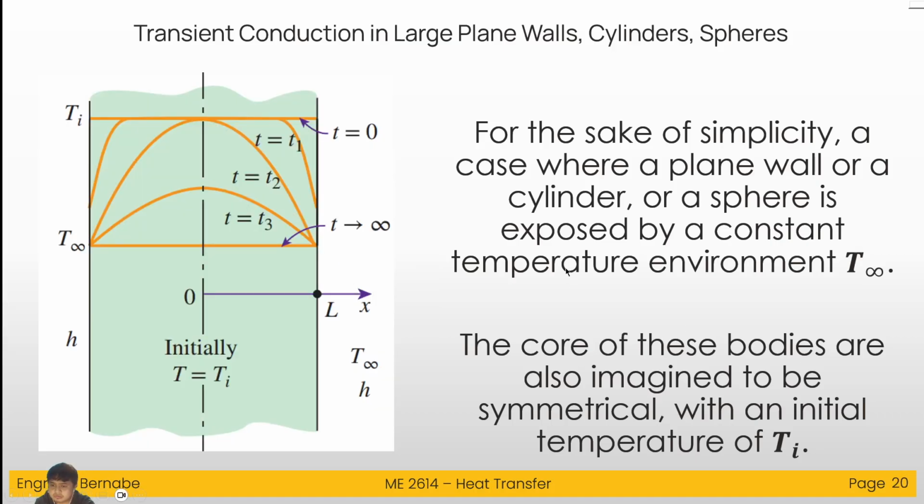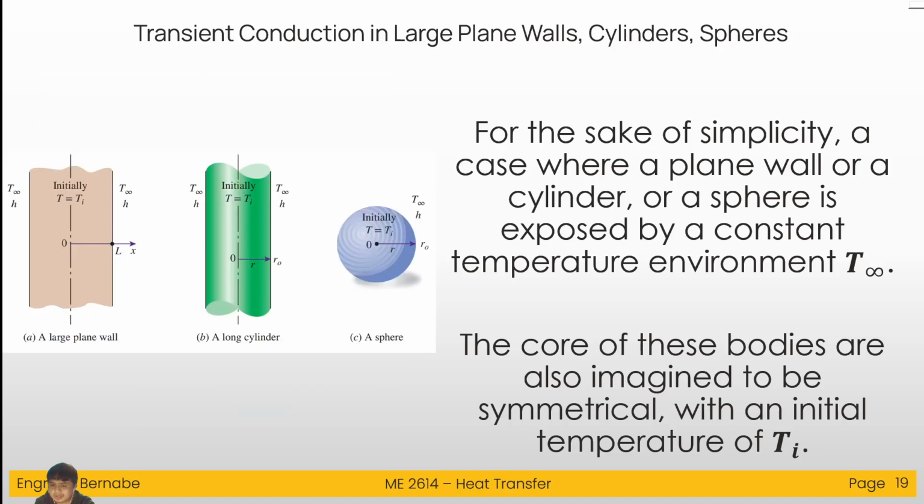Okay. So for the sake of simplicity, what we can do now is imagine that the wall or cylinder is exposed to a uniform environmental temperature with uniform coefficients as well. One other assumption is that the temperature of the object is initially uniform. That is the Ti.